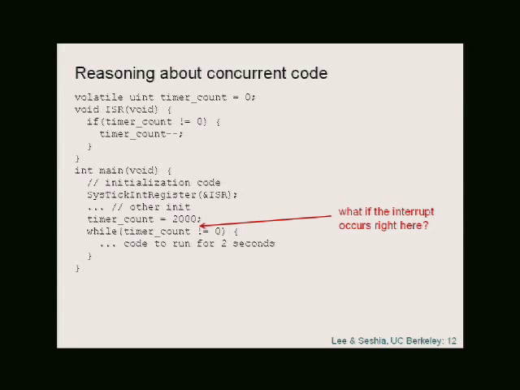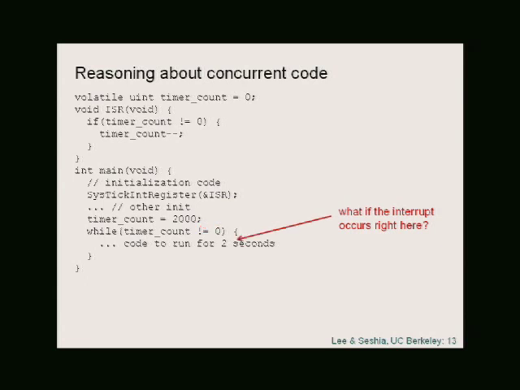So it's not just that one interrupt can happen here; multiple interrupts could happen. Okay. What about if the interrupt happens inside the loop? That's the expected case, right?